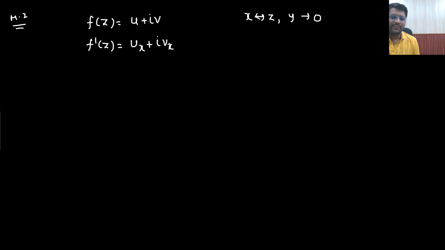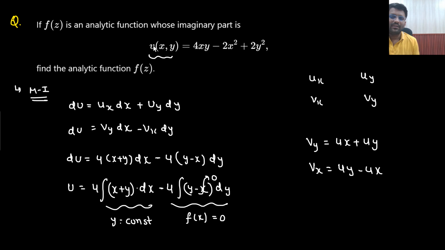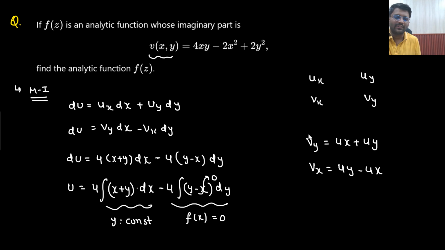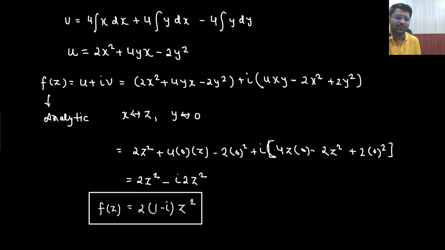Okay, so partial differentiation of u with respect to x, that I am not having, but f dash z would be equals to ux plus iota vx. So I know that sir ux would be equals to nothing but vy only, and vx value I am already having. So what is the value of vx? Value of vx when I partially differentiate, it came out to be 4x plus 4y.